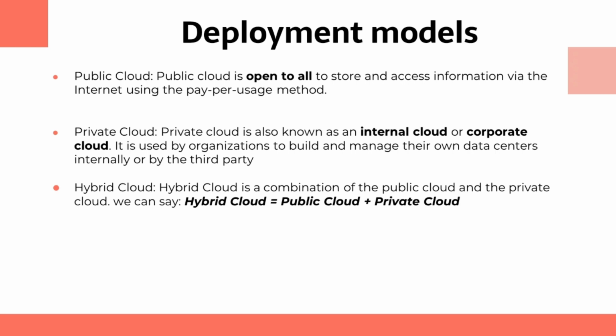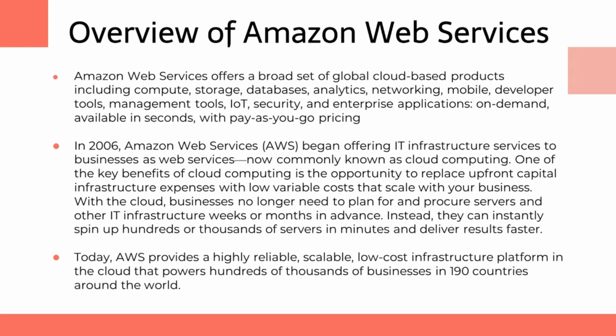And next we are going to discuss more about Amazon Web Services, right? Amazon Web Services offers a broad set of global cloud-based products, including compute, storage, database, analytics, networking, mobile, developer tools, management tools, IoT, security, and enterprise applications.